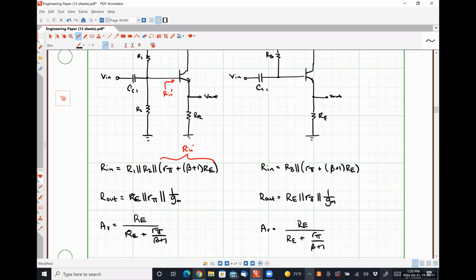So we're literally just going to be analyzing the exact same circuits where R pi goes to infinity. Because if it's a capacitor, it's got an infinite impedance.